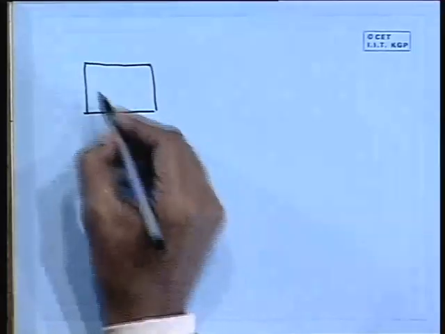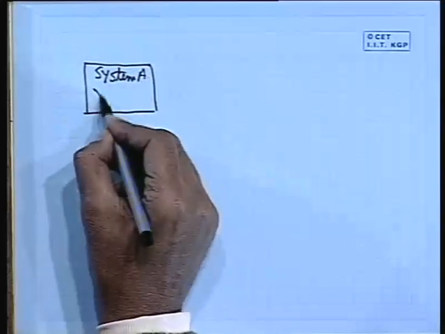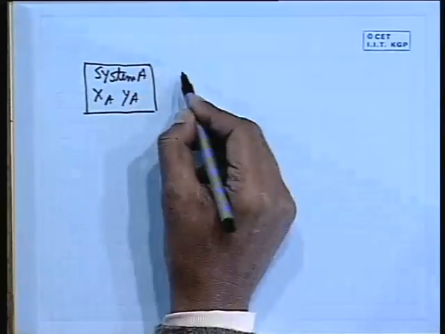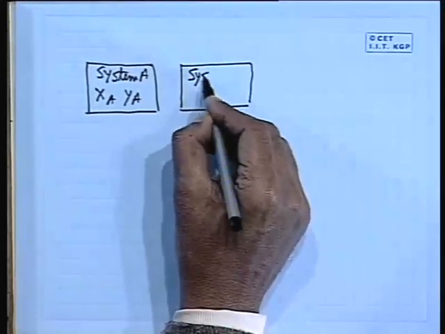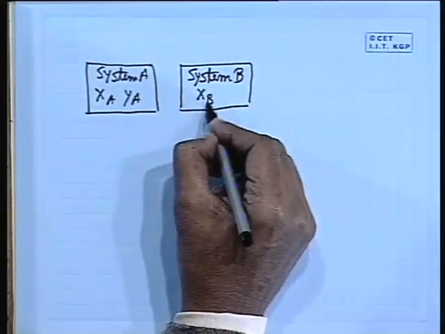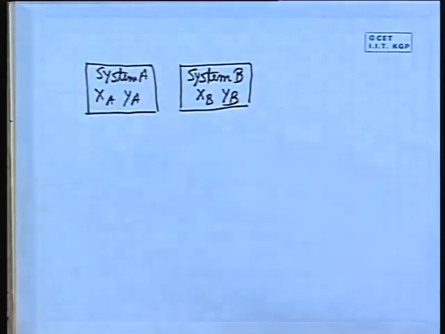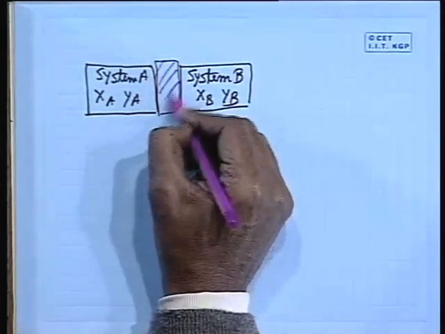Now, if we go a little further, then what we will see: this experiment was made like this, that if there are two systems, system A with properties XA, YA, and system B with properties XB, YB, separated by an adiabatic wall.